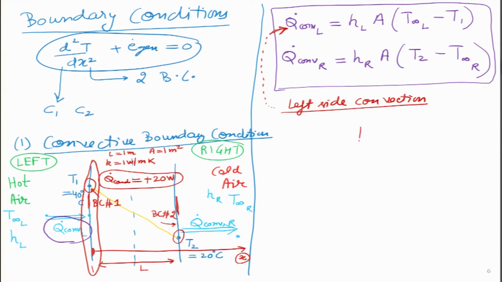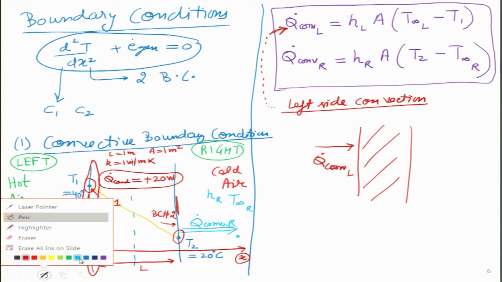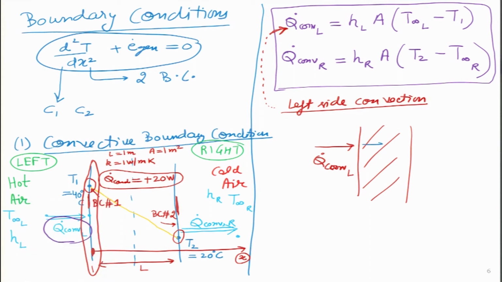If I show that wall over here, this is my left side, this is the wall and this is the air. So whatever convection is taking place over here, the convection on the left side has to be equal to the conduction which is taking place over here.